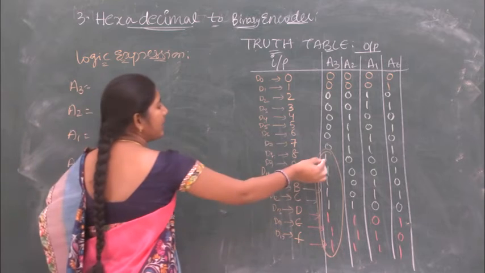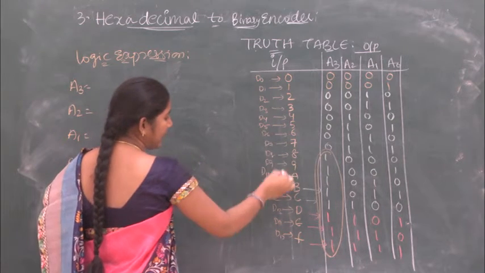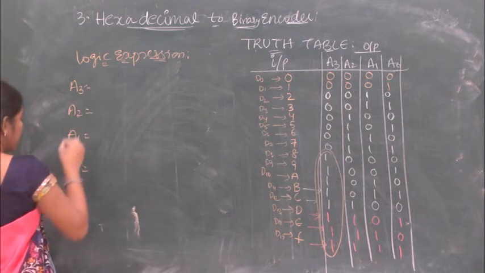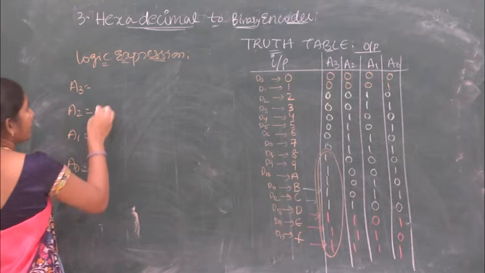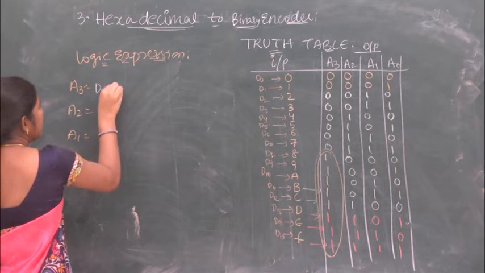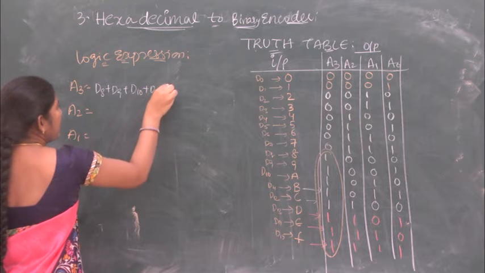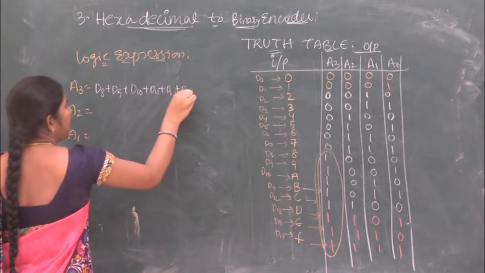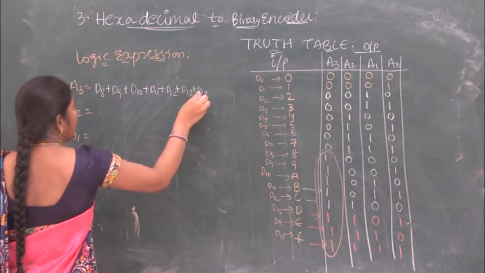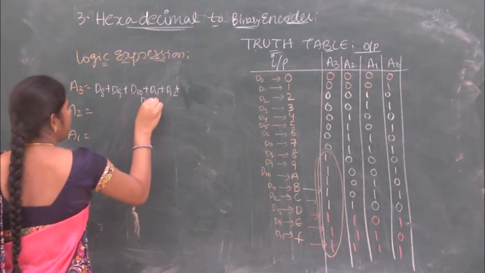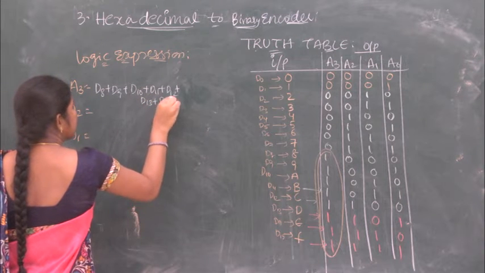Right? So A3 is high for D8 to D15. So consider all possible D8, D9, D10, D11, D12, D13, D14 plus D15.